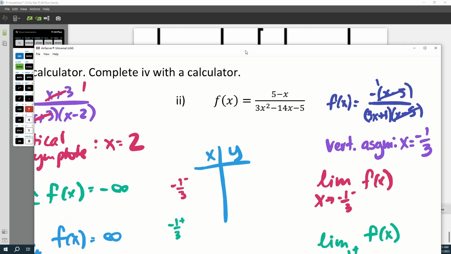So negative one third is negative 0.33333. So what's on the left side of that?